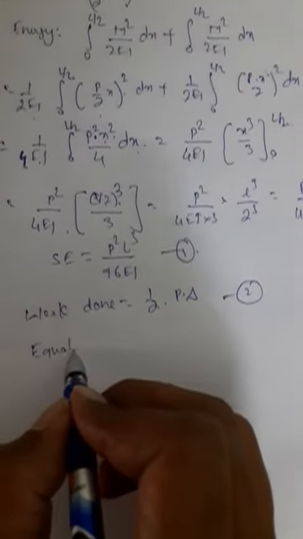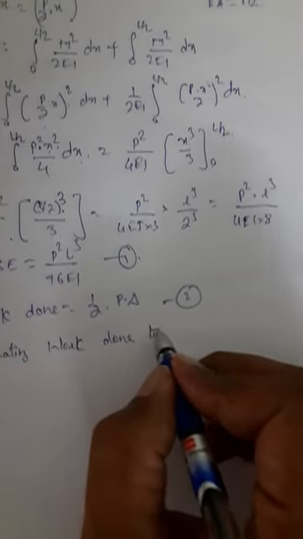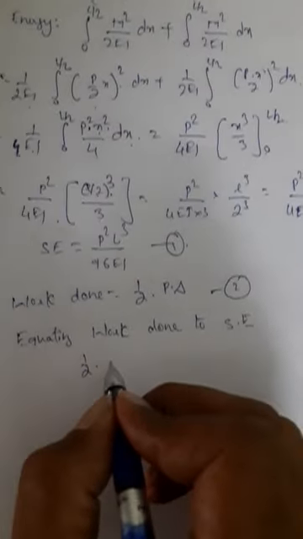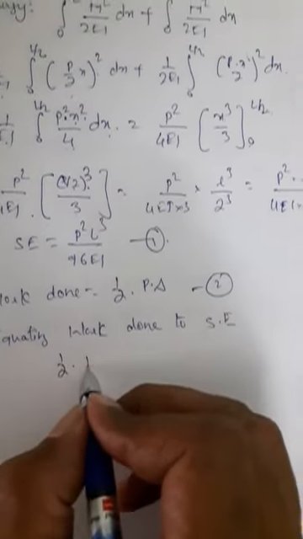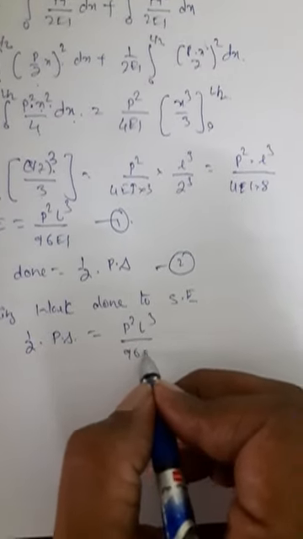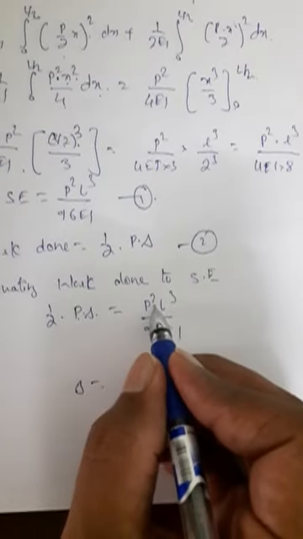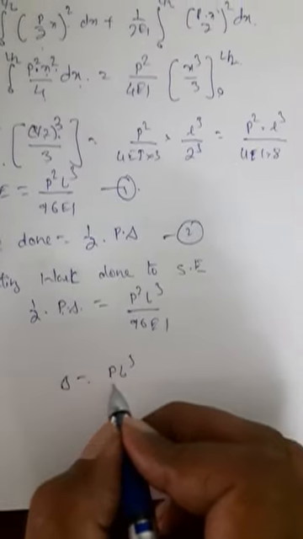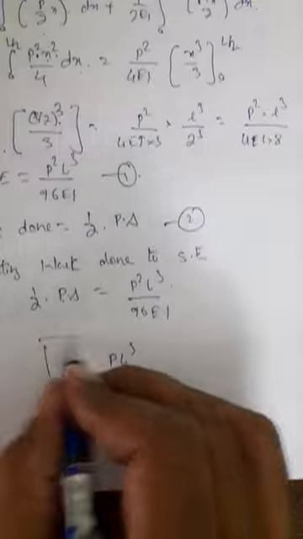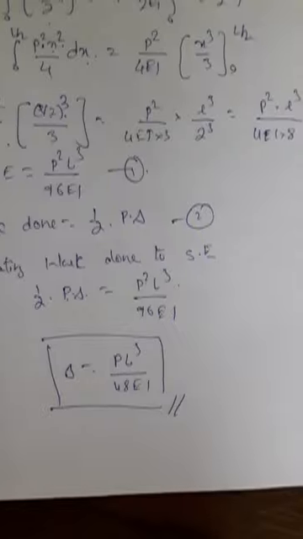Equating work done to strain energy, half P into delta is equal to P square L cube by 96 EI, or delta is equal to P into L cube divided by 2 divided by 96 EI, so I get 48 EI. This is the deflection under the point load, P L cube by 48 EI.